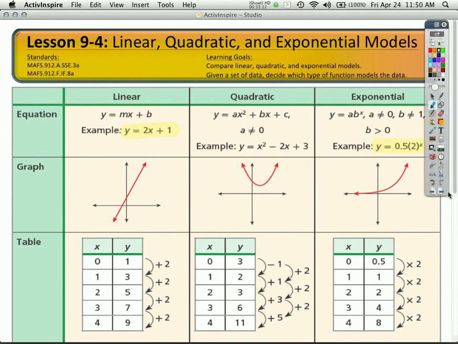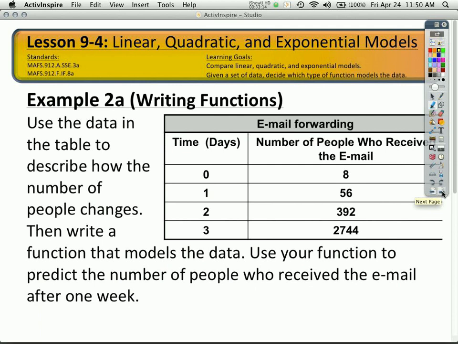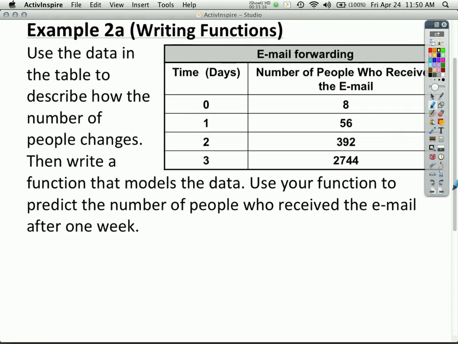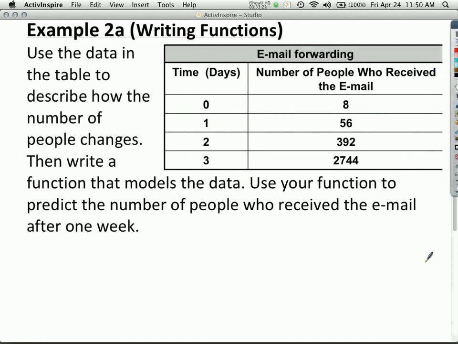Okay? So now, use the data to figure out what model we should use. Then write a function that models the data.